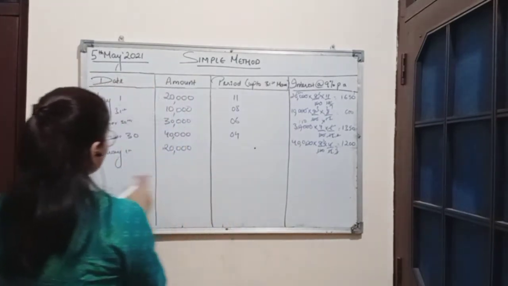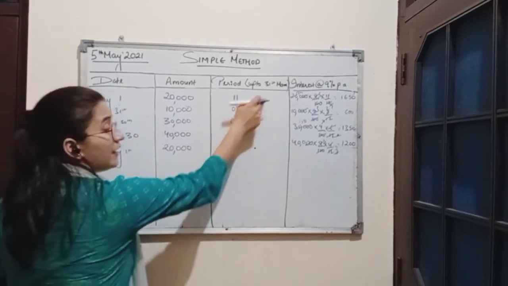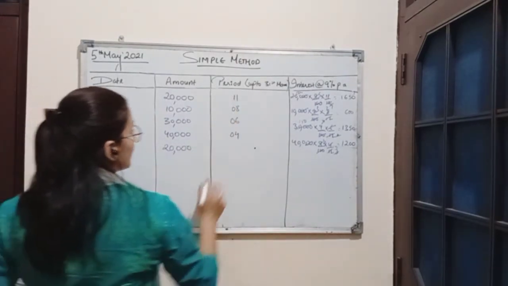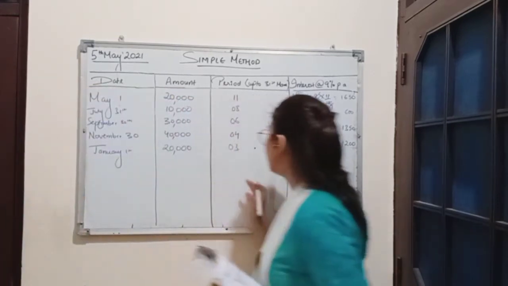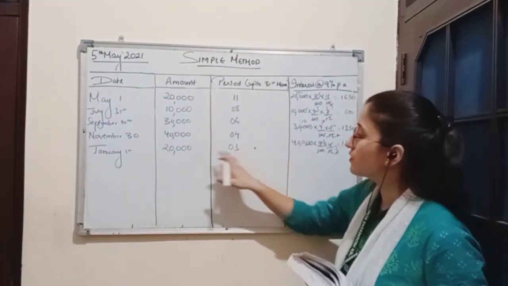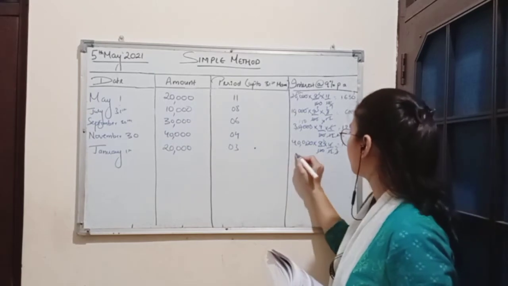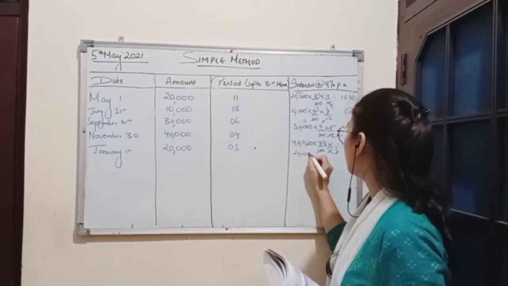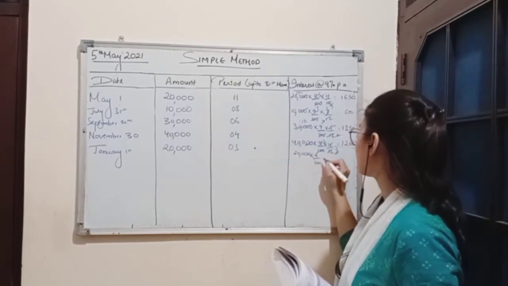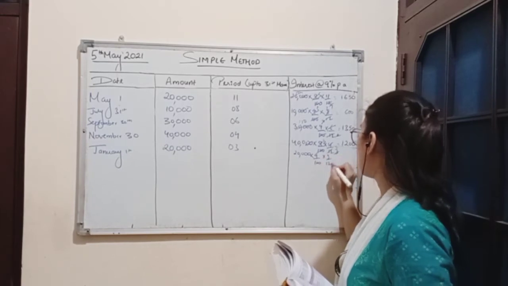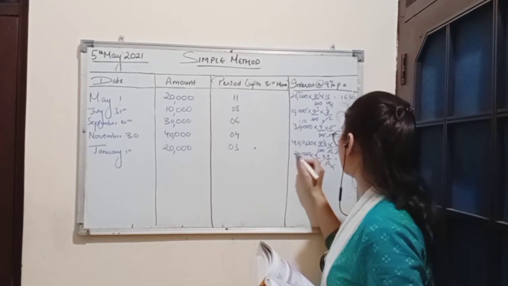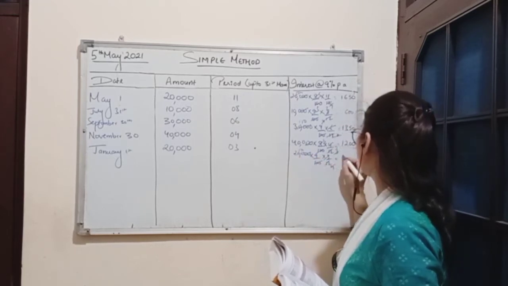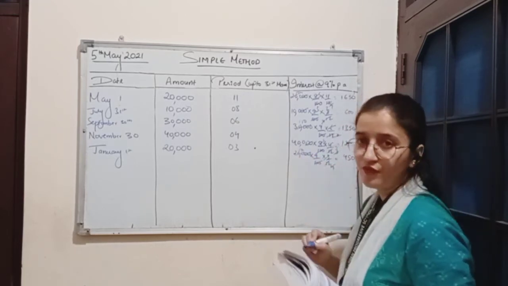And here the time period from 1st January to 31st March is 3 months. So we will calculate the interest on drawings for 3 months on the amount 20,000. The rate of drawing is 9% and it will be calculated for 3 months. Amount will be 450.